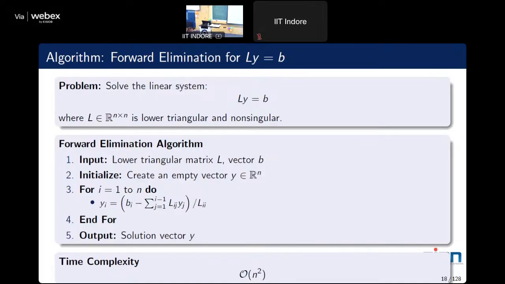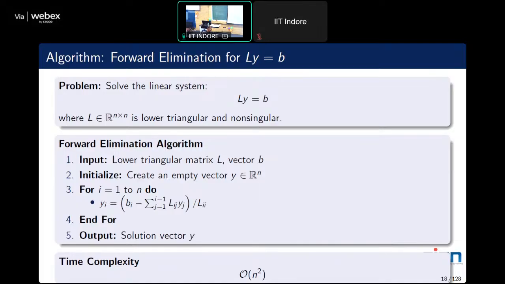Question: with i running from 1 to n, if you consider i equal to 1, then j is running from 1 to 0. Because this is a lower triangular matrix, okay? The upper part of this will be 0. So that's why beyond i, the upper part will be 0.